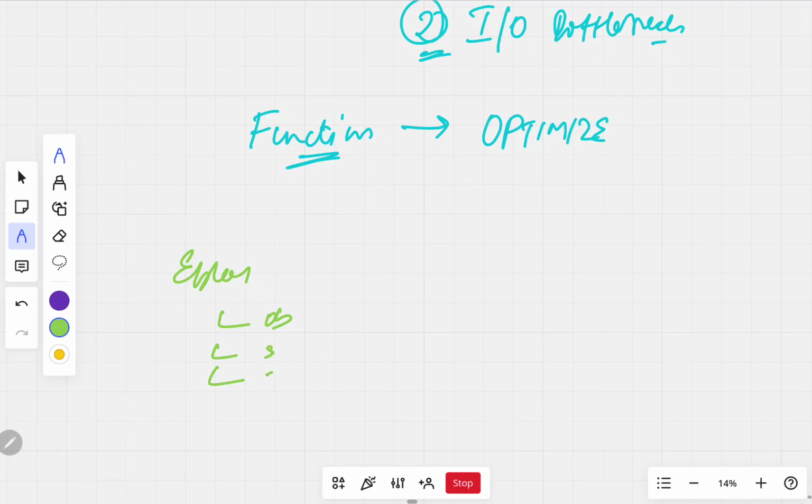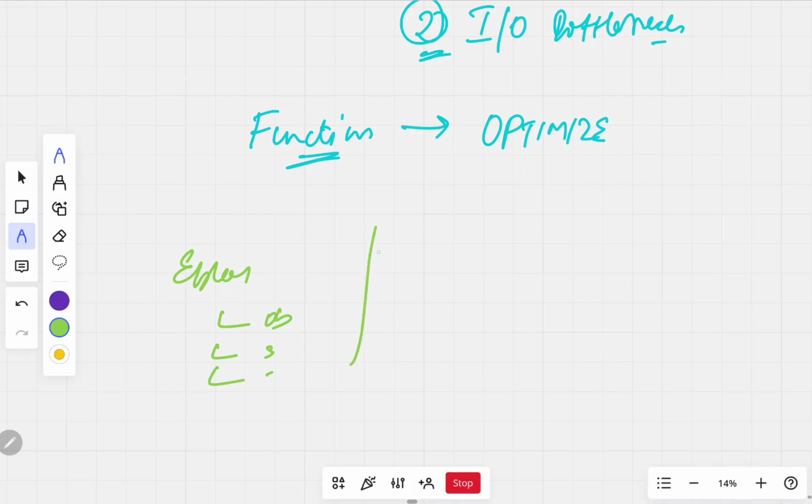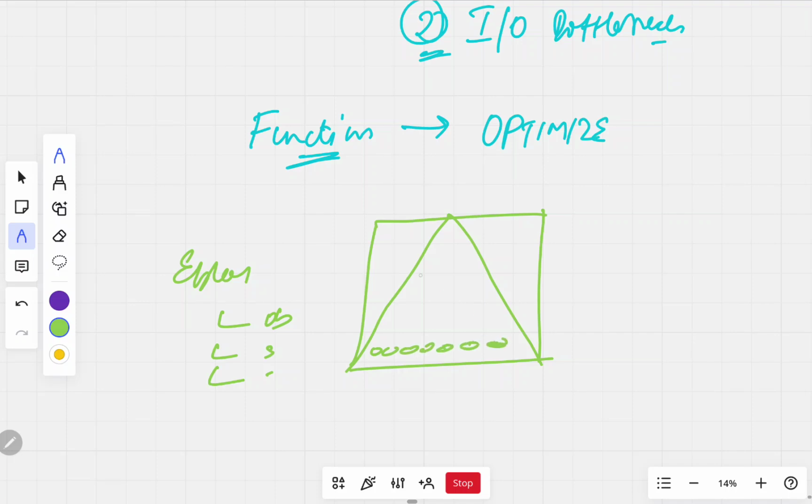Whenever you keep running, whenever the traffic is high, a lot of objects are created. So suppose this is the heap, it's getting created, and this is your full memory.